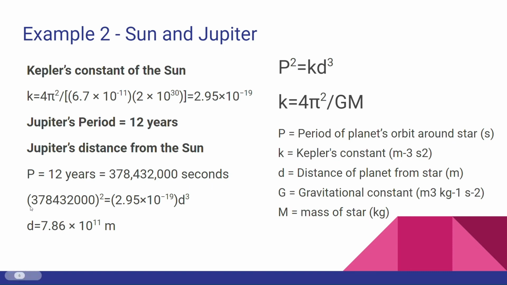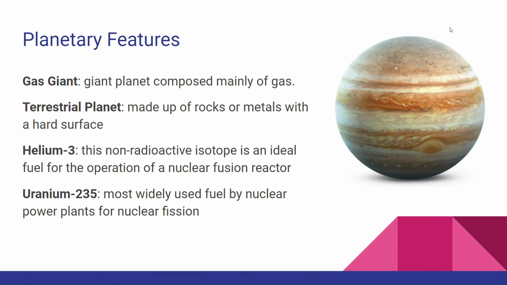We're going to plug this value into the period and use our Kepler's constant for K, solve for D, and you get 7.86 times 10 to the 11 meters. This is also 786 million kilometers, which is the distance of Jupiter from the Sun.